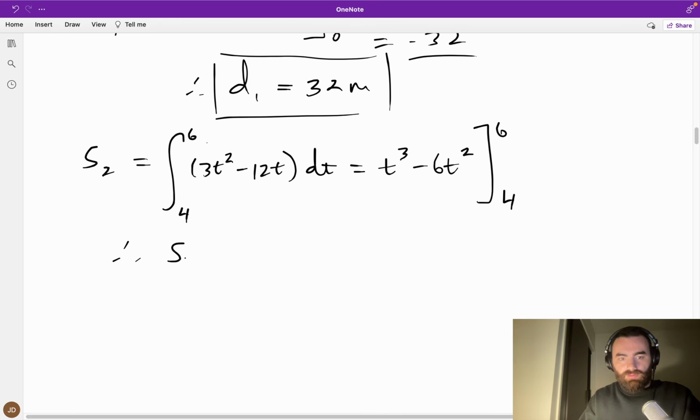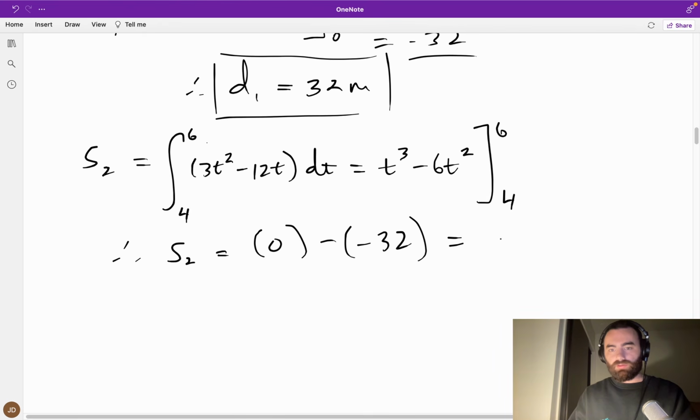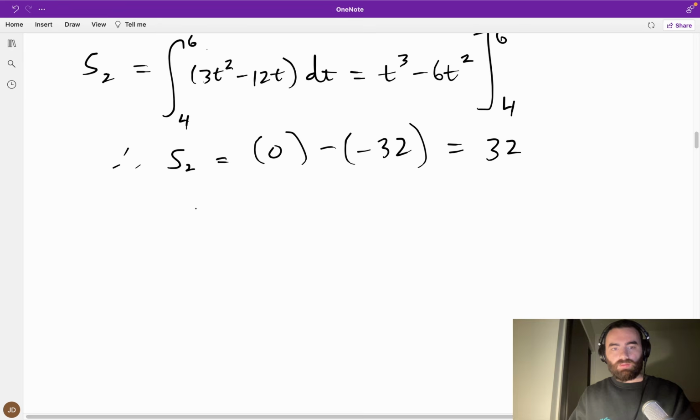Therefore S2 equals 6 cubed minus 6 cubed, which is 0, minus the value at 4, which we already found was minus 32. So this is positive 32. Therefore d2 equals 32 meters.